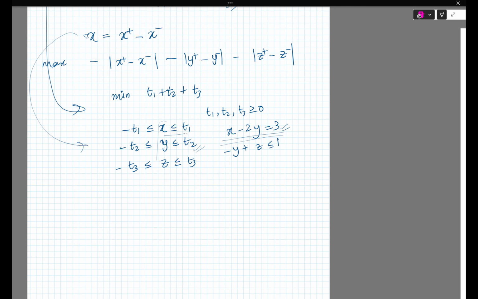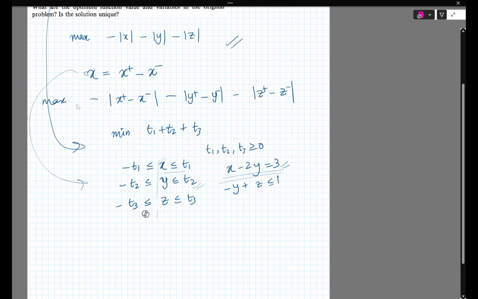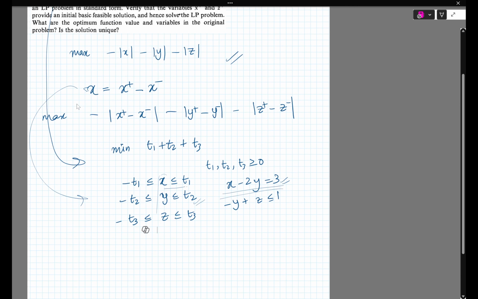Now our decision variables are t1, t2, t3, plus x, y, z, right? Why should x, y, z be there? Because we can eliminate x, y, z by t1, t2, t3, right?